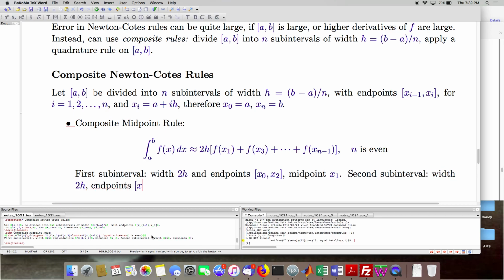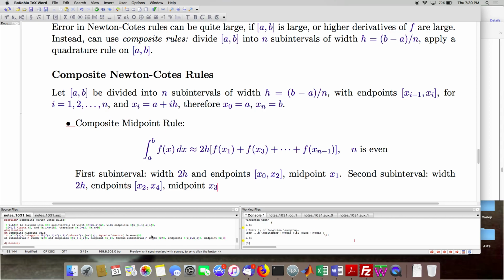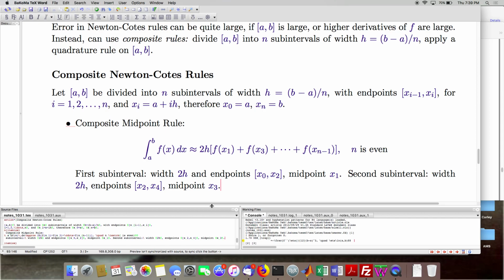Endpoints x2, x4, midpoint x3, and so on. So you can think of AB as dividing into intervals marked off by the even-numbered points, and therefore the odd-numbered points to be the midpoints. And that's what actually gets plugged into f. So really, we're only plugging in half the points that we have, roughly, into f.